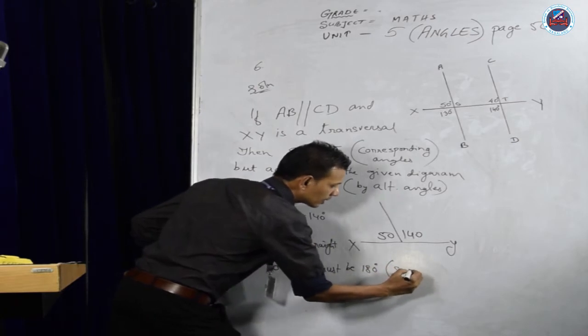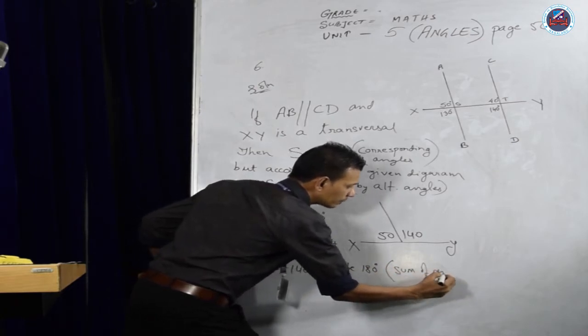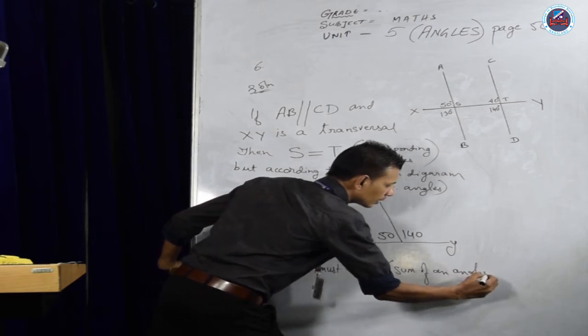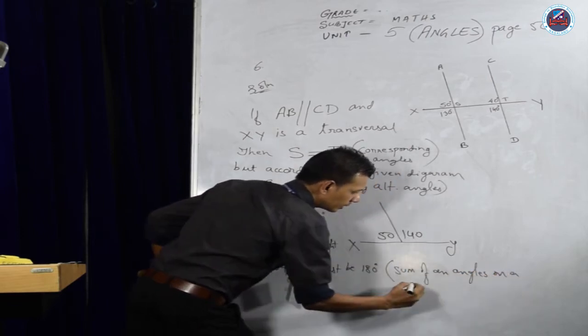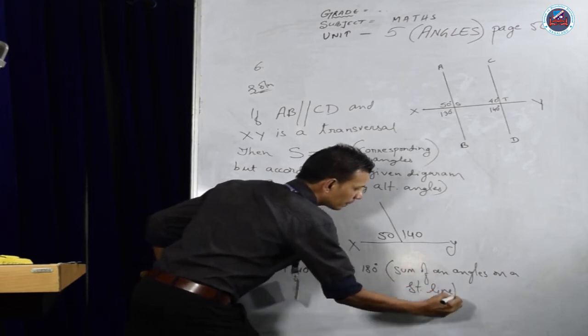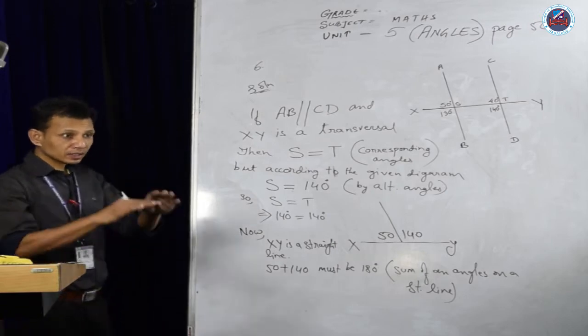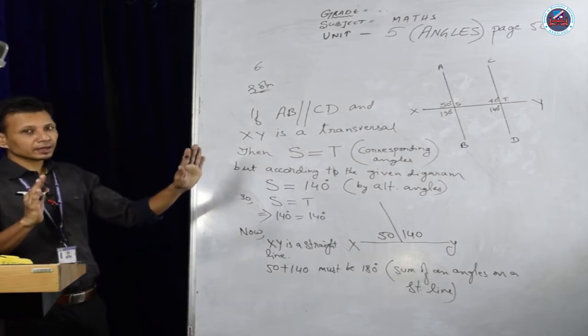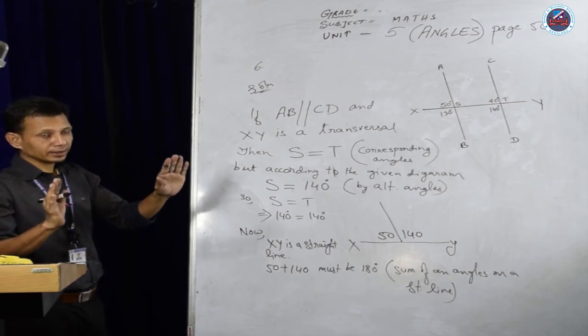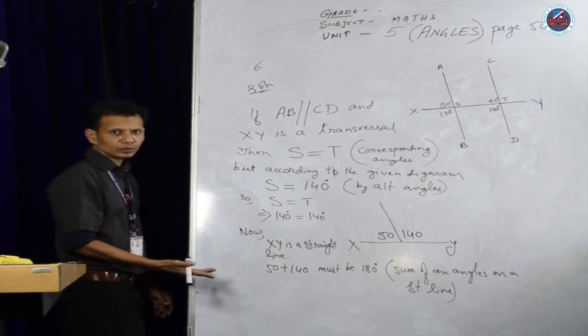You can write: sum of angles on a straight line. It must be 180 because it's on a straight line. Whatever angles they might be, if you add them up, you have to get 180. That is the property of a straight line. Will you get 180 or not?